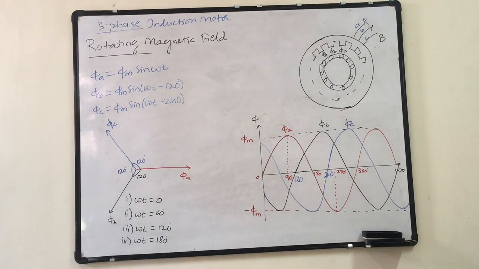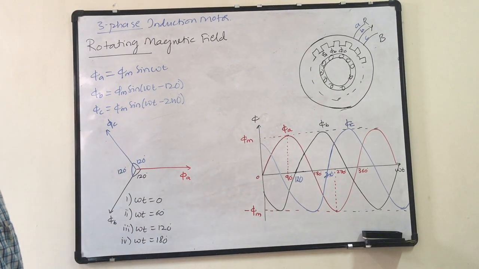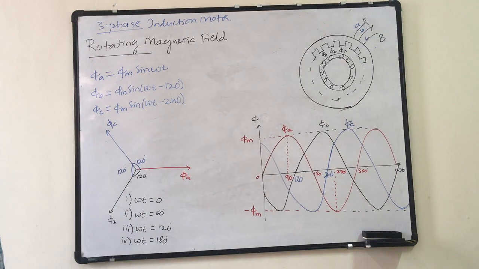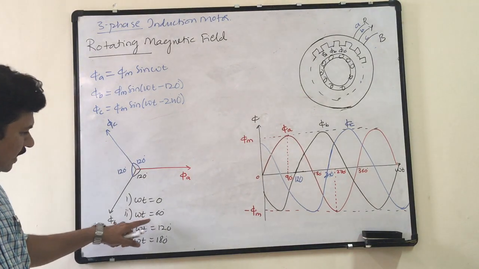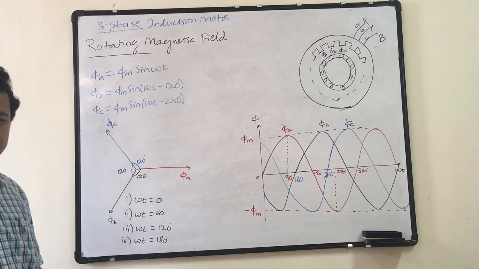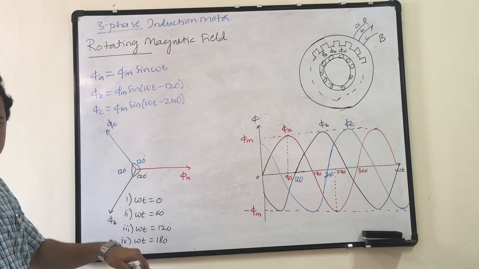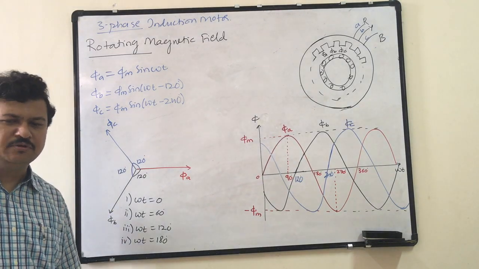If you want, we can continue, but whatever happens for 180 is the same for the remaining 180. So we will look up to 180 degrees. So what is the resultant vector at omega t equal to 0, and what is its position? What is the resultant vector at omega t equal to 60, and its position? Now, what is the resultant vector at omega t equal to 120 and its position? At 180, its position; at 240, its position; at 300, its position; at 360, its magnitude and position.